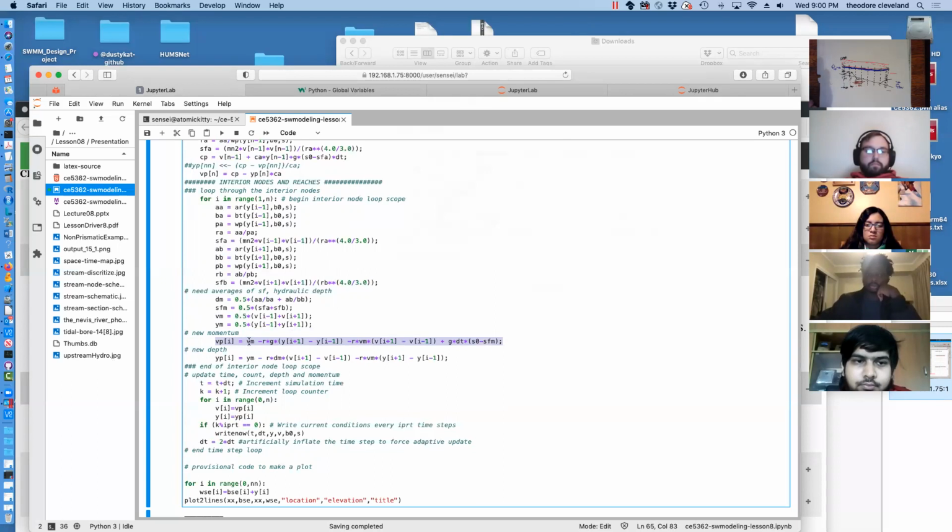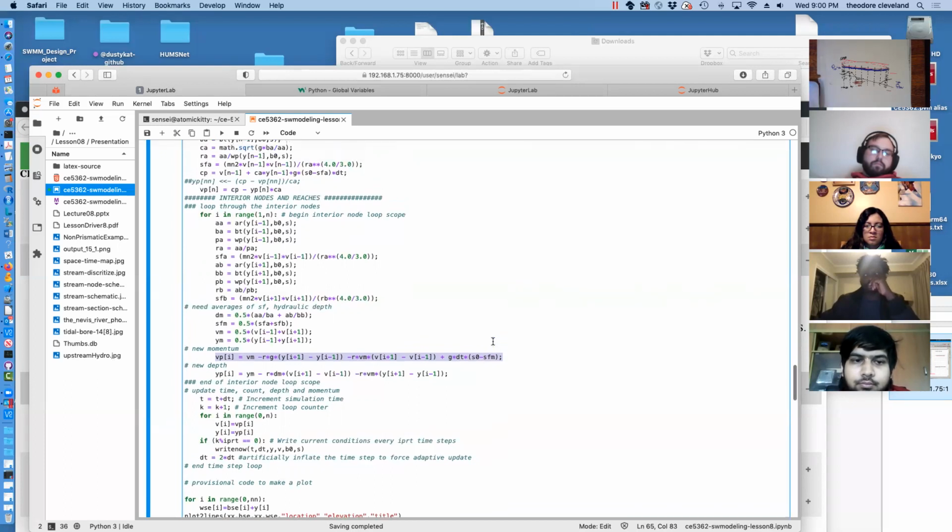And it says use the spatial average velocity minus r times g times the difference in depths, downstream minus upstream, minus r times the spatial average velocity times the difference in velocity, downstream minus upstream, plus g times delta t times S0 minus Sf. So it's literally the momentum equation for one computational cell.